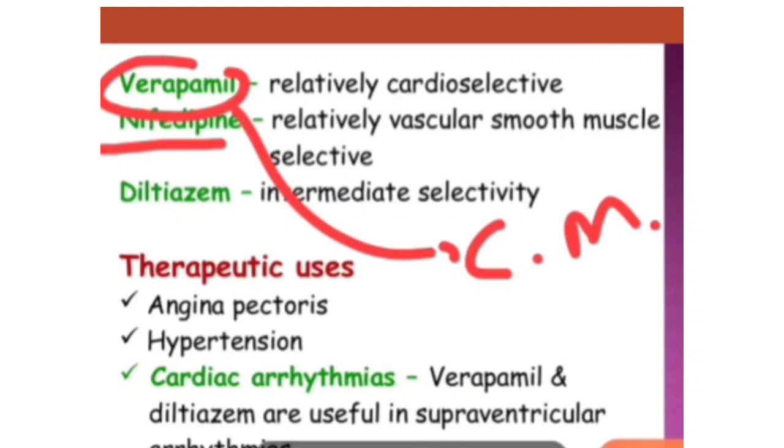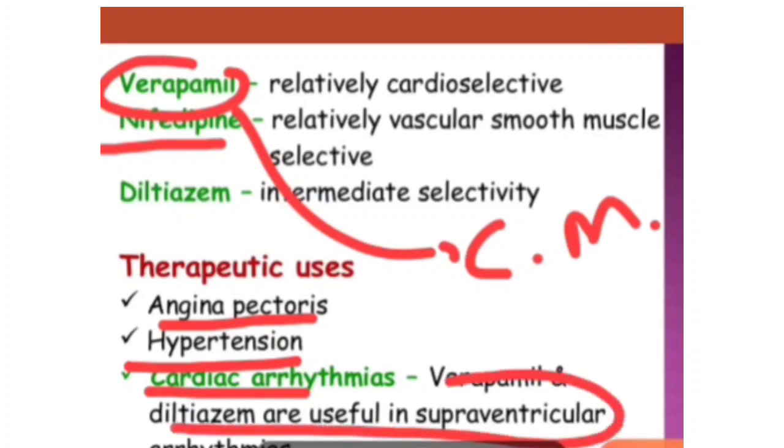The therapeutic uses of calcium channel blockers include angina pectoris and hypertension, as antihypertensive drugs. They are also used in cardiac arrhythmias; verapamil and diltiazem are useful in supraventricular arrhythmias. If the ECG shows supraventricular arrhythmia, the drug of choice is a calcium channel blocker.